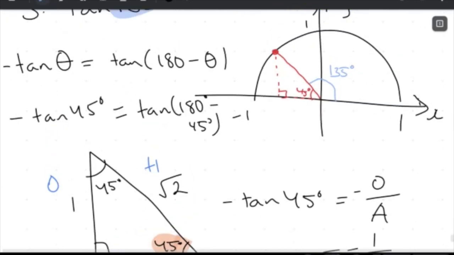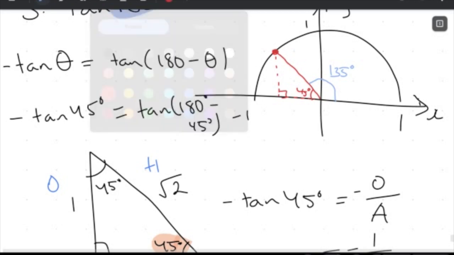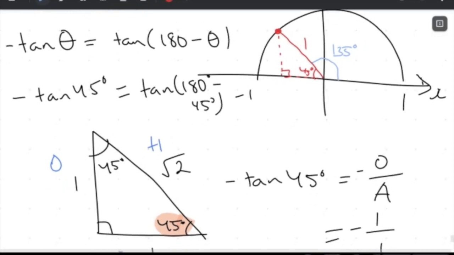Now, just a little side note. Some of you may be thinking, we said this is a unit circle, so shouldn't this be 1 and not root 2? You're absolutely right, and we're going to get into this a lot later. But remember, these are ratios, and the ratios work for similar triangles as well.